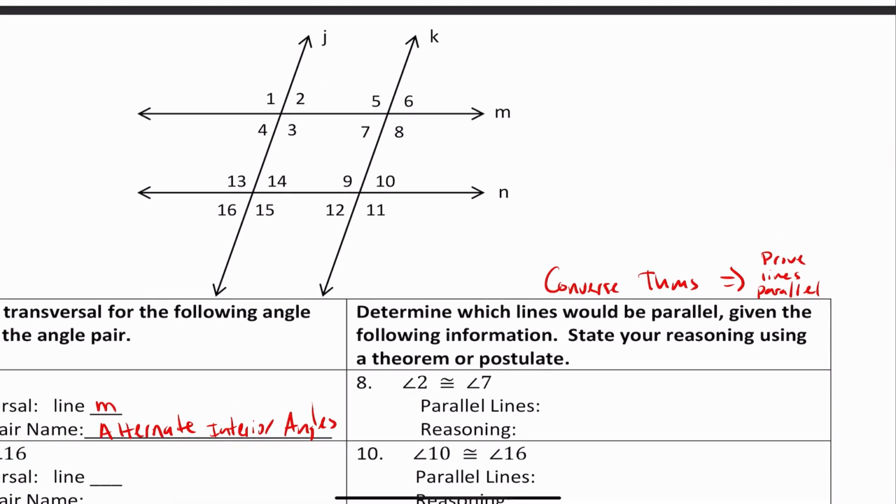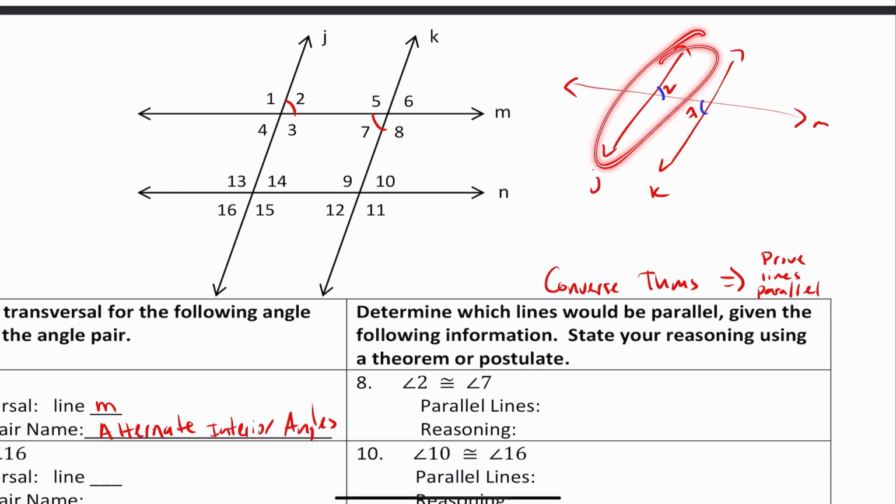If angles 2 and 7 are congruent, right? So here I'm going to go ahead and draw my lines again. So here's 2 and then here's 7. Angles 2 and 7 are congruent, and they are both alternate and in the inside of these lines.